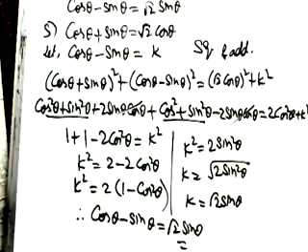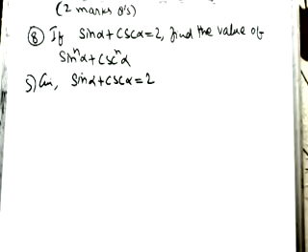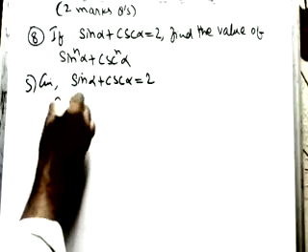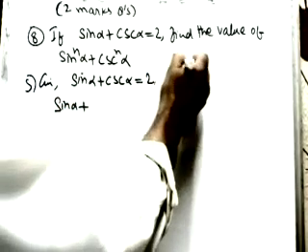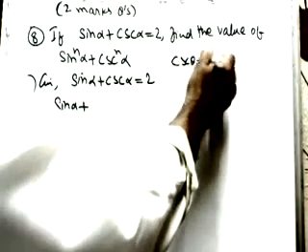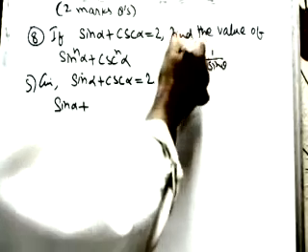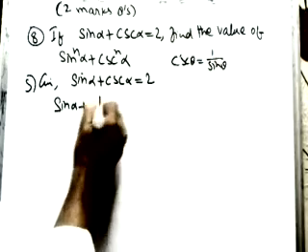If sine alpha plus cosec alpha equals 2, then find the value of sine power n alpha plus cosec power n alpha. Let us start like this: sine alpha plus, what is the value of cosec theta? Cosec theta is 1 by sine theta.